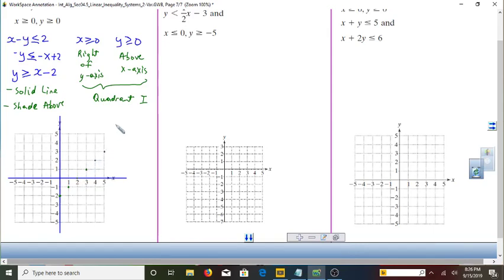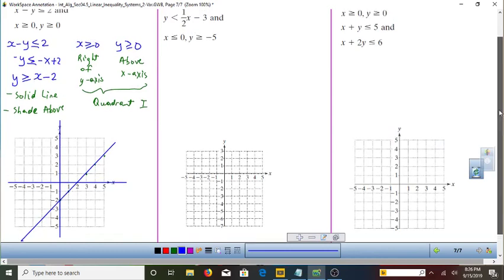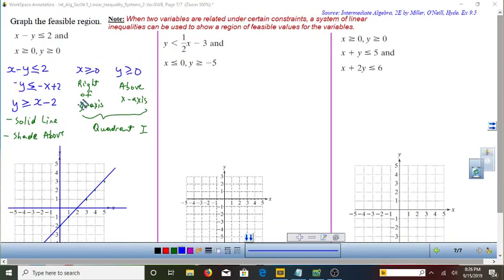And then I'm going to draw my line here, and we're looking at the region above the x-axis, the region in the first quadrant that is above this line. So we're talking about all the regions up here, but only in the first quadrant.